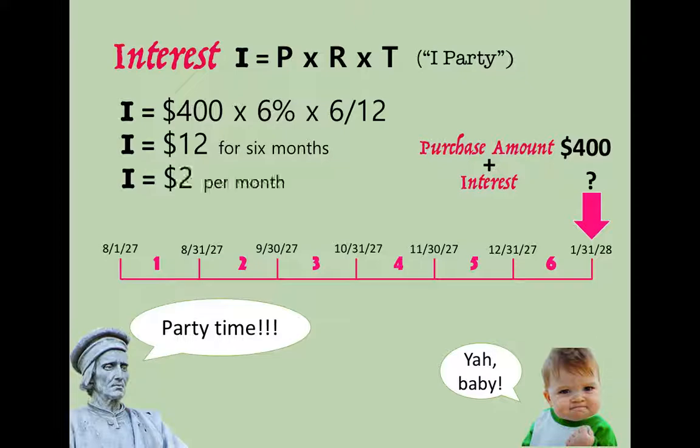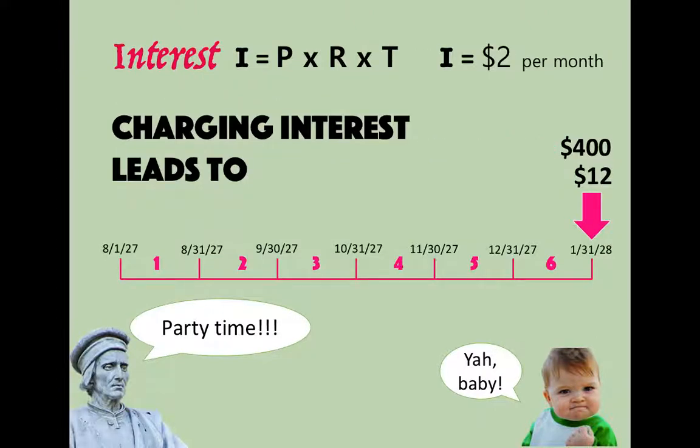Now each month that would then be $2 because it's 6 months. Charging interest to our customers leads to interest revenue. So Carl is going to earn interest revenue by agreeing to this arrangement with Mr. Moneylater.